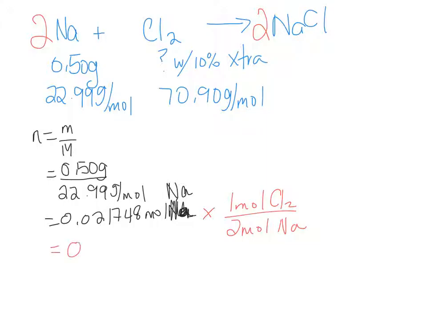So if I take that number and divide it by 2, I get moles of chlorine.